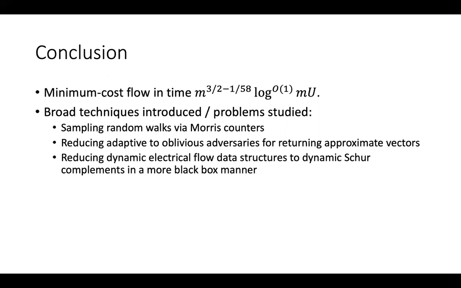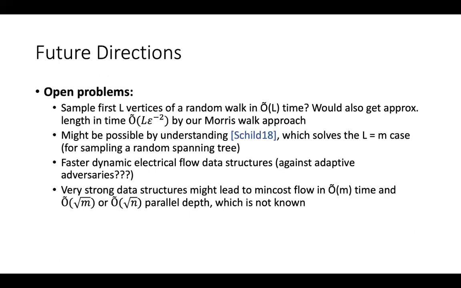As for open problems that are still left, I actually think that it might be possible to sample the first L distinct vertices for a random walk starting at v in Õ(L) time without the L², which would be very interesting. Using our Morris counter algorithm, this would probably also get an approximate length in time Lε^-2.